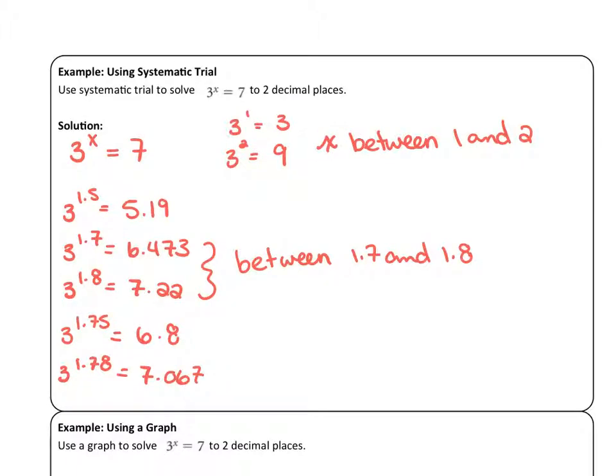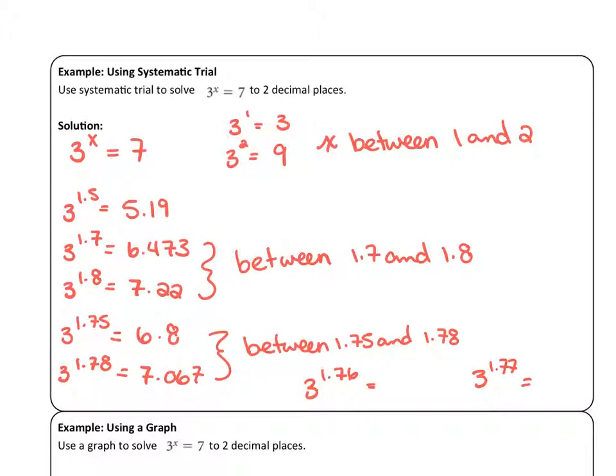That's a little bit too high. So now I know it's between 1.75 and 1.78. So I can try 3 to the 1.76, 3 to the 1.77, and you can keep getting closer and closer till you get the answer.